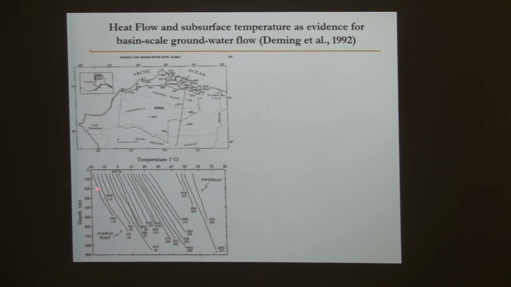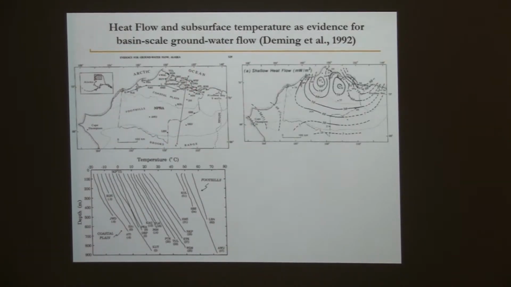What they showed is that the variation of temperature with depth really varies from the Brooks Range to here, so that in fact you can measure the heat flux.